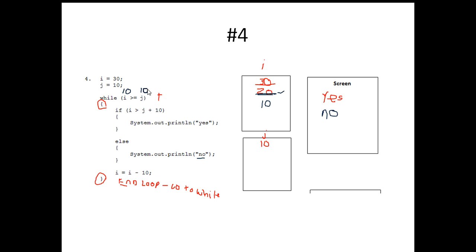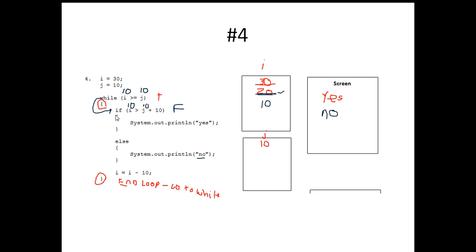Well, it is. So it's still true. We're going to jump inside the while loop and start the if statement again. And this question is I, which is 10, is it greater than 10 plus 10? Because j is 10 as we look at the memory location. Well, this is false again.